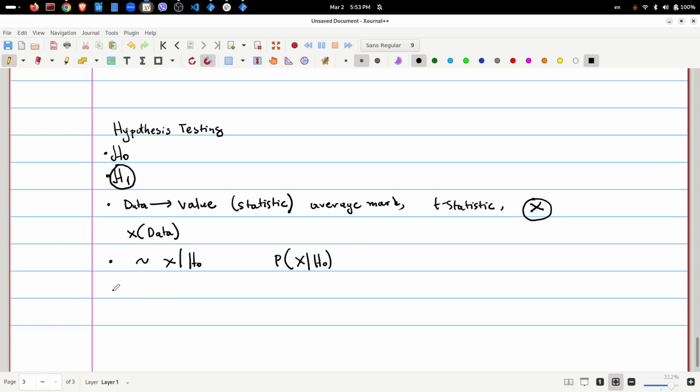So for example, if the H1 is that this value is greater than expected, then if the distribution looks like that, and here is the observation, we calculate this area. If the alternative hypothesis, the H1, says that this is smaller than expected, here is x again, we calculate this area.